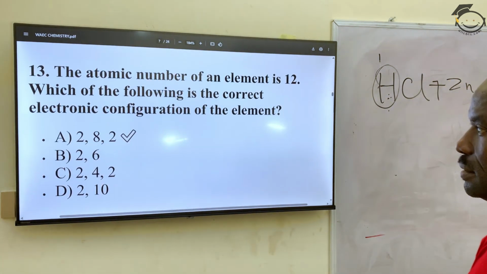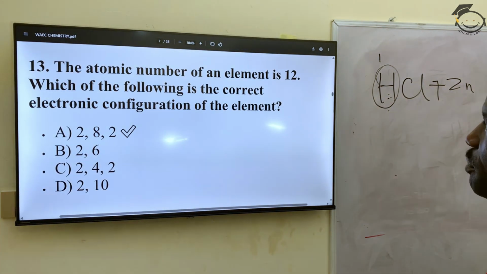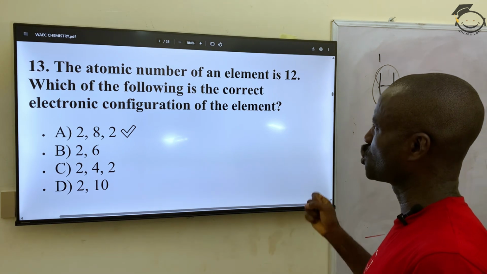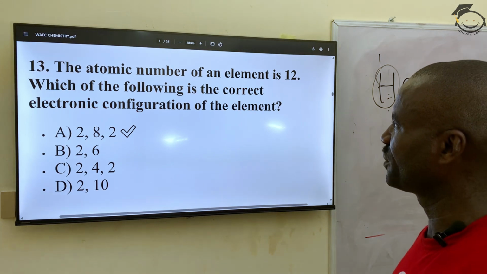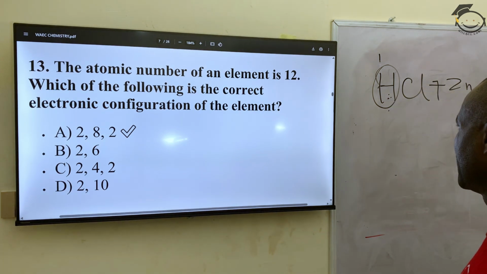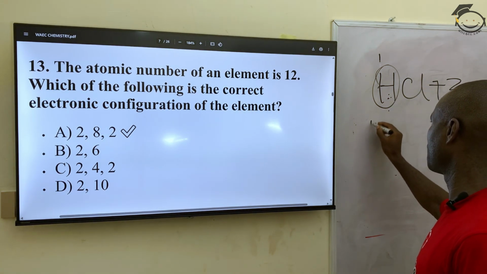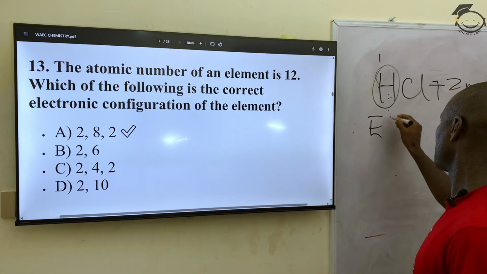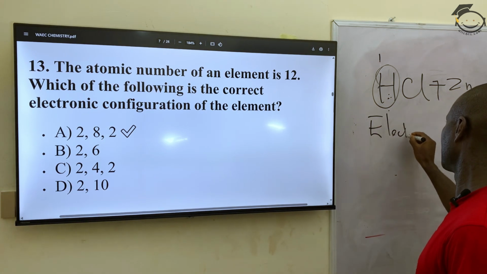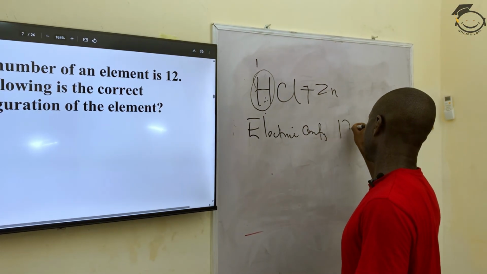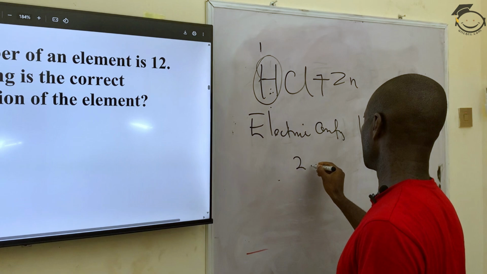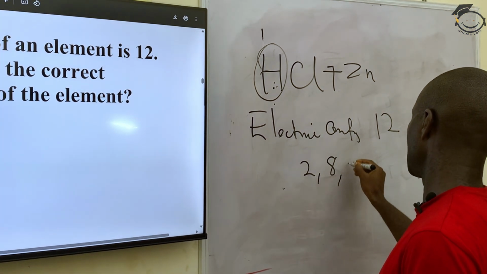Question 13. The atomic number of an element is 12. Which of the following is the correct electronic configuration of the element? Atomic number determines the electronic configuration. So the electronic configuration of an element with atomic number 12 will be arranged in such a way: 2, 8, and 2.